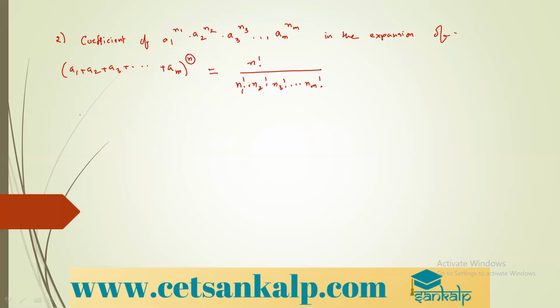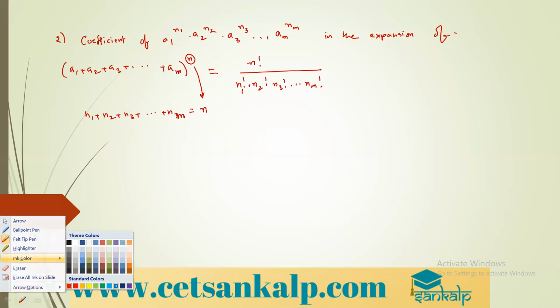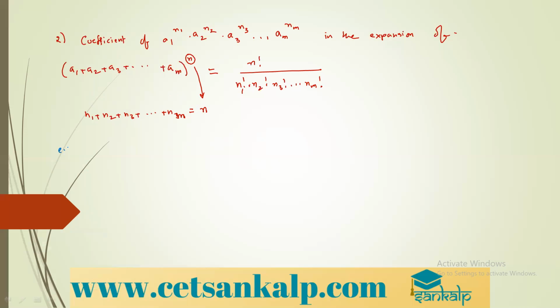One thing you have to remember. What is that one thing you have to remember? n1, n2, n3 up to nm, if you add them up to nm, in total you must get the power n. That is very, very important. For example, I will give you like this.